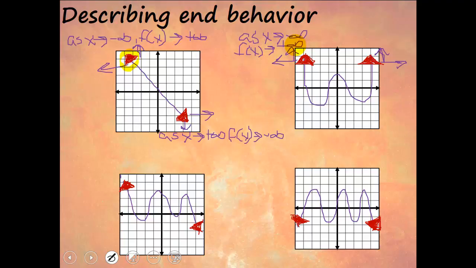Okay, this one is going right, so that's positive infinity and positive infinity. So as x goes to positive infinity, f of x goes to positive infinity.